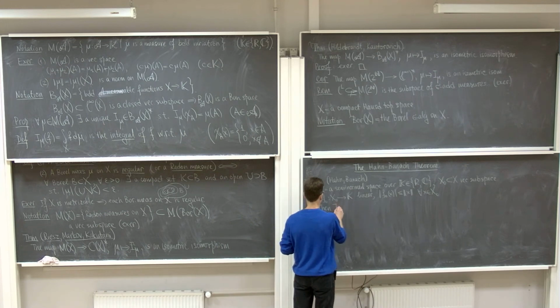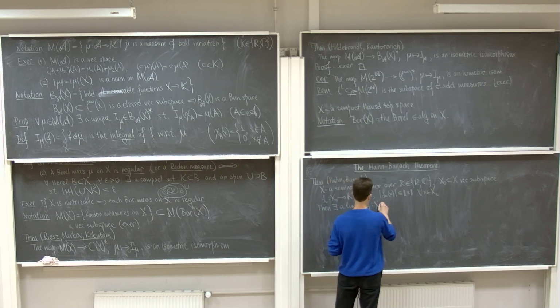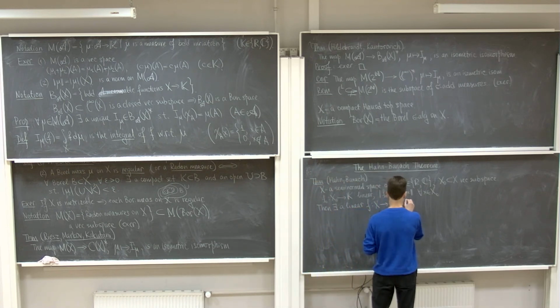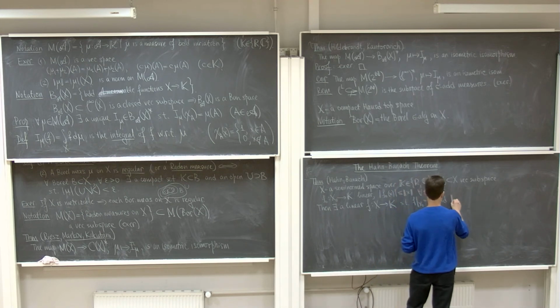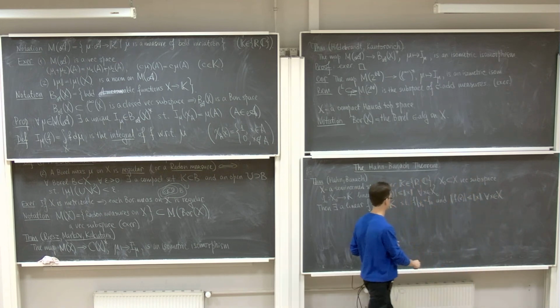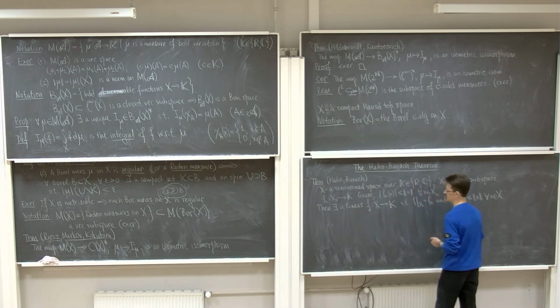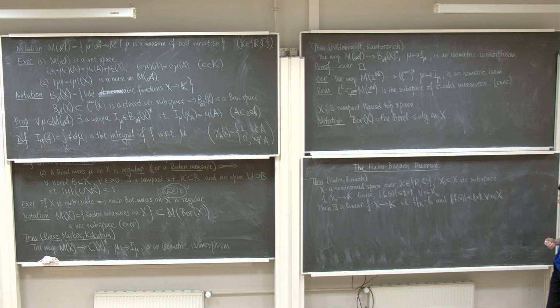Then there exists a linear functional f defined everywhere on X, which extends f0, such that the restriction of f to X0 is f0, and such that the same estimate holds for f. So briefly, the theorem states that each linear functional defined on a subspace and satisfying this estimate can be extended to X in such a way that the same estimate holds everywhere.